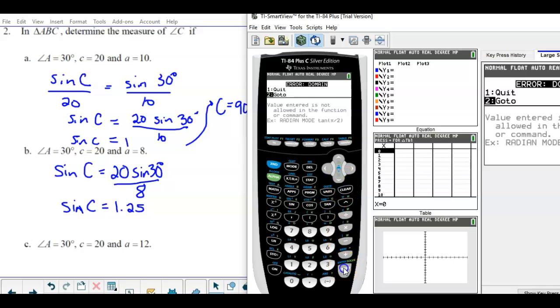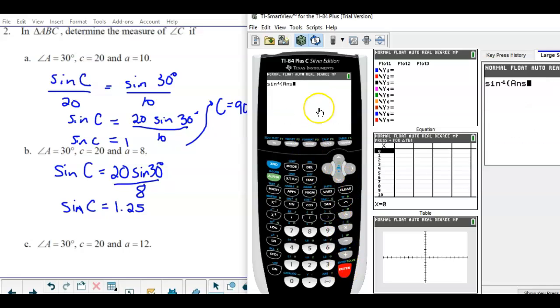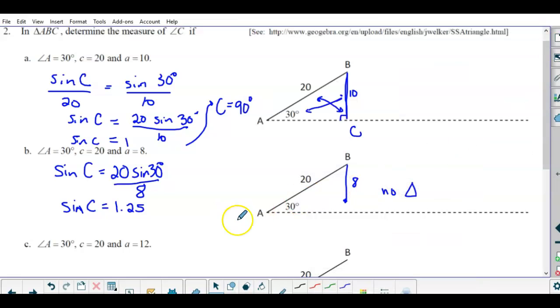It'll flash on where that number was. Okay, the calculator doesn't like it. It's too big. All right, so let's get out of that. So here, C does not exist. Okay, so there's no triangle there.